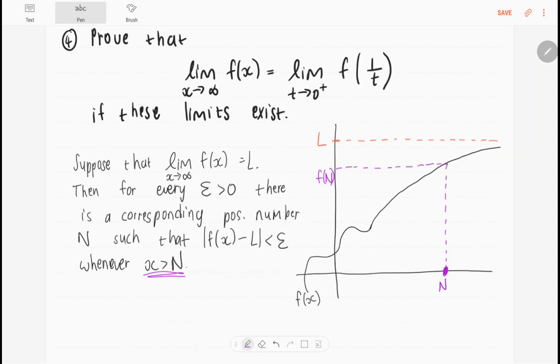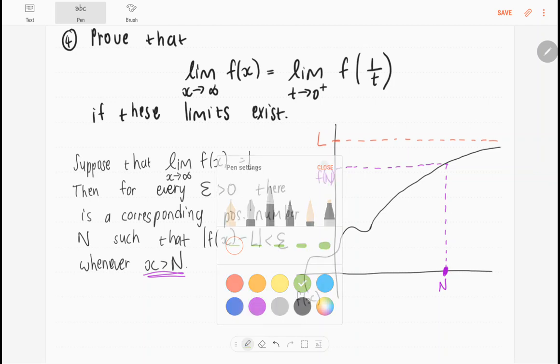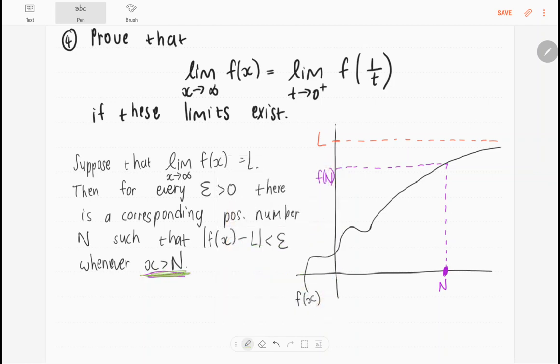So what we are saying is that if we take any x to the right of n, then the distance between f at that x value and L will be less than epsilon.